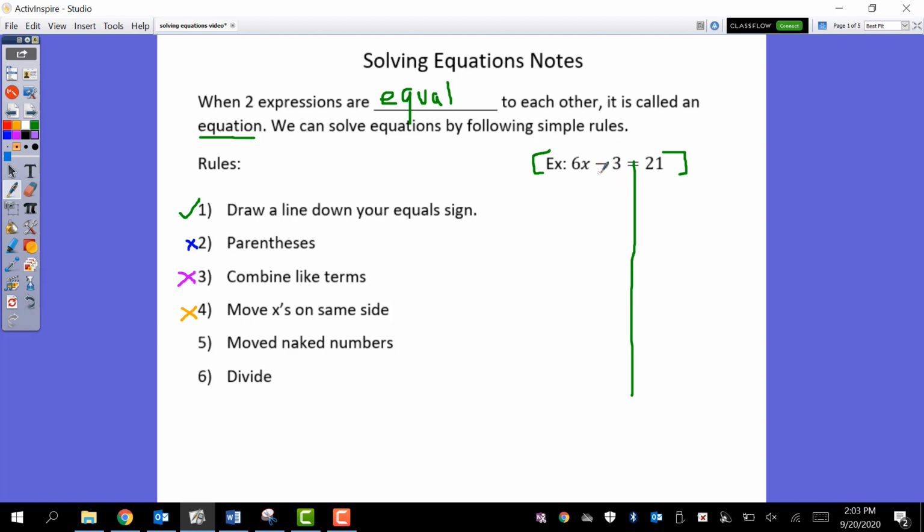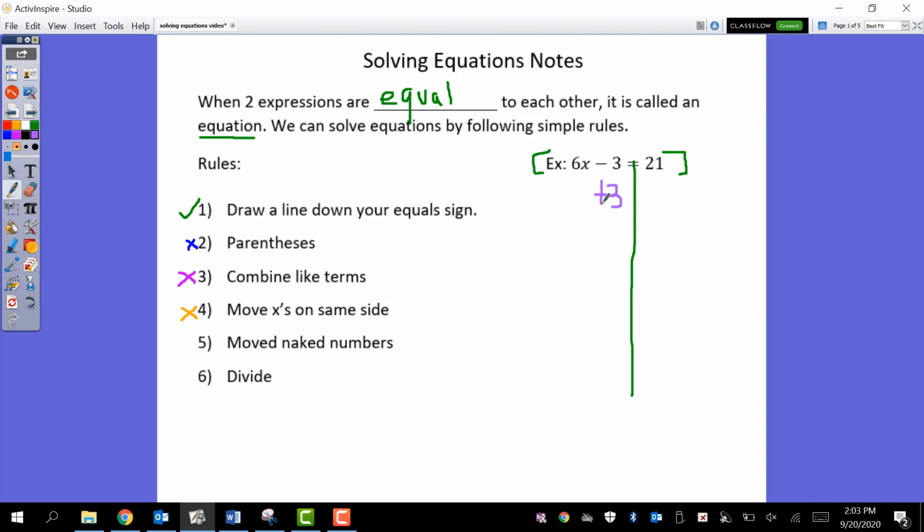Anytime I move a number from one side of the equal sign to the other side, the way I move it is by doing the opposite sign of what it is right now. So if I look at this negative 3 right now, it's negative. When I'm going to move it, I'm not going to do the same sign. I'm not going to subtract. I'm going to add 3.